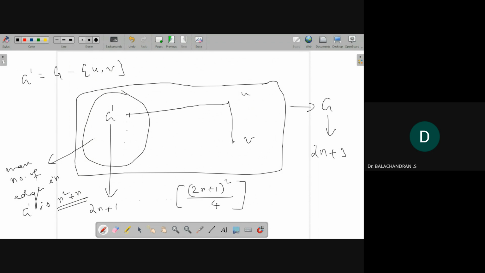They are telling a vertex in G dash which is not adjacent to both U and V. If it is adjacent to both, then it will form a triangle.